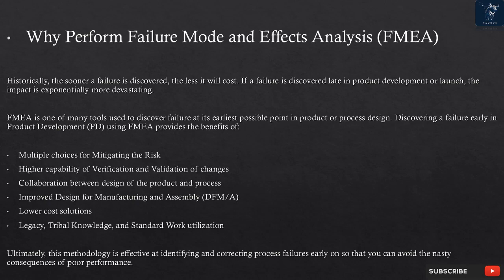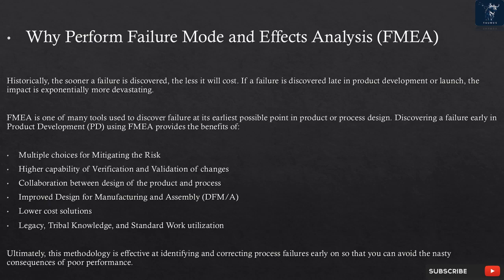Discovering a failure early in product development, PD, using FMEA provides the benefits of multiple choices for mitigating the risk, higher capability of verification and validation of changes, collaboration between design of the product and process, improved design for manufacturing and assembly, DFM/A, lower cost solutions, legacy, tribal knowledge, and standard work utilization.